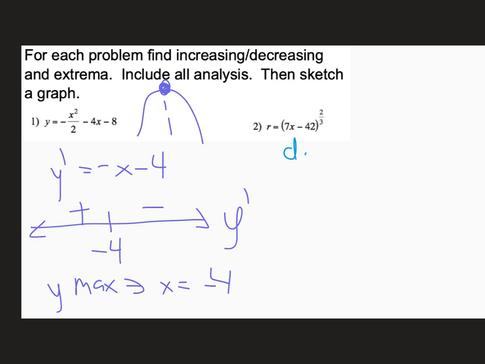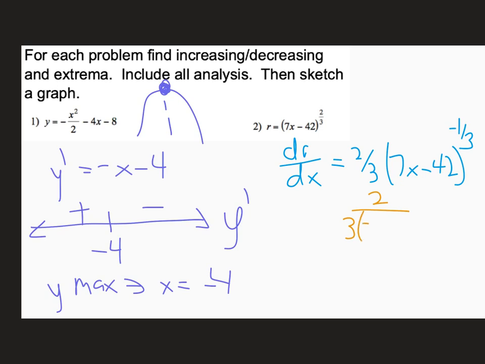I'm going to write the derivative here as dr dx so you don't get confused what we're doing. So that's 2/3 times 7x minus 42 to the negative 1/3. And that might scare you, but don't forget, I'll change colors, that's just saying 2 over 3 times 7x minus 42 to the 1/3 in the denominator.